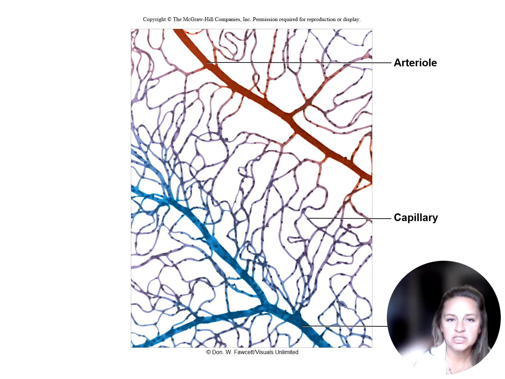Okay, so here's a picture. Red indicates oxygen rich and blue indicates oxygen poor, and then the way that they interact between them. This is the capillaries where we're exchanging the oxygen.